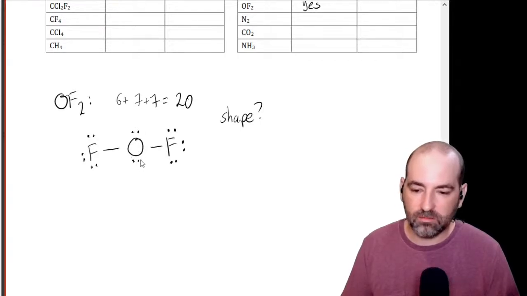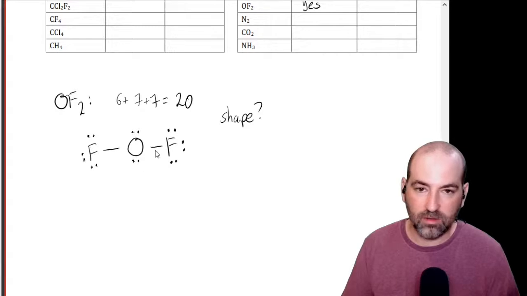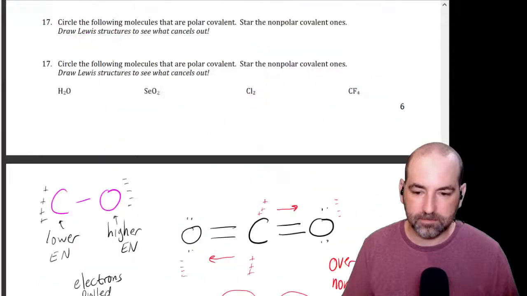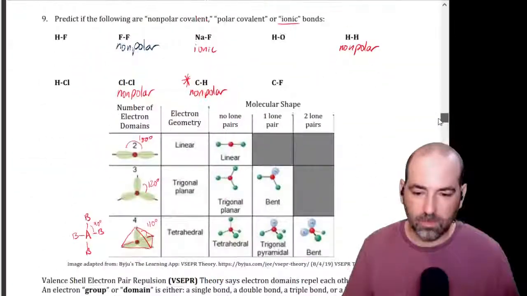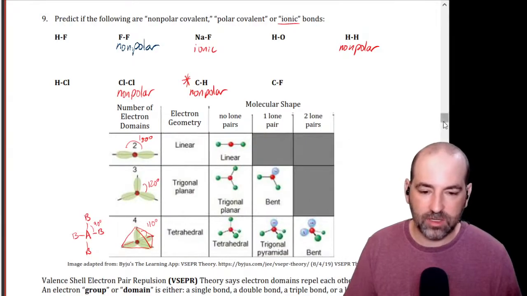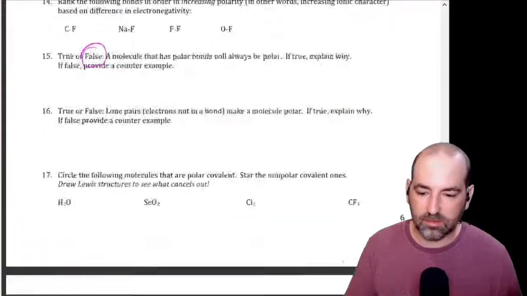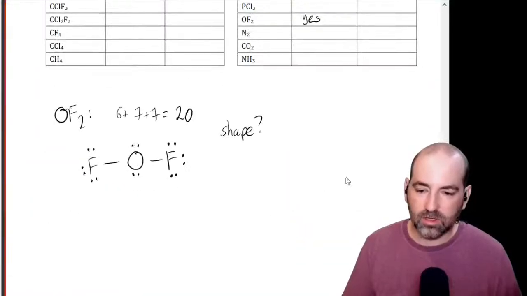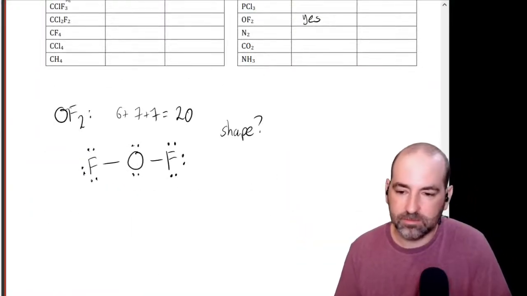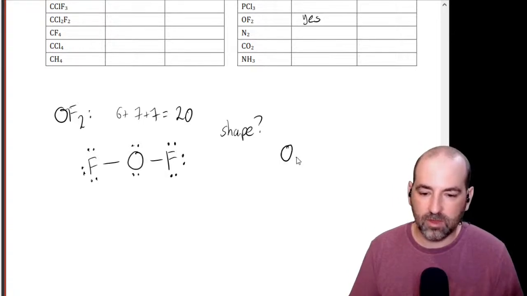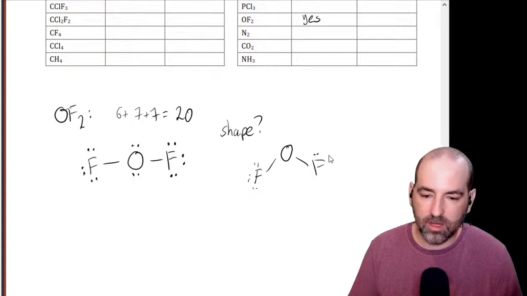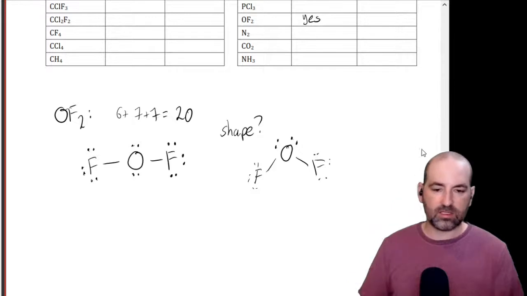We've got 4 electron groups, 1, 2, 3, 4, or domains, and then 2 lone pairs. So 4 electron groups, 2 lone pairs gives us a bent geometry, just like water. So that means that the actual shape of this molecule should be like this, because those 2 lone pairs on the oxygen take up those extra spaces in the tetrahedral geometry.